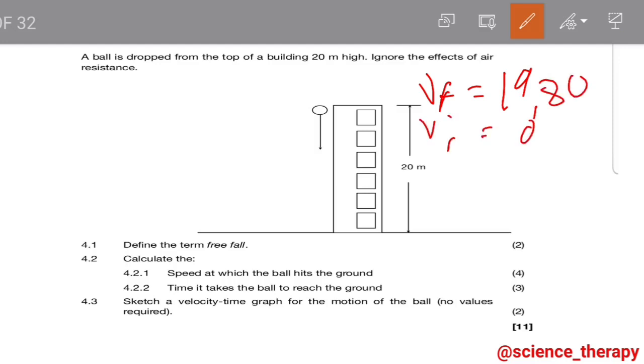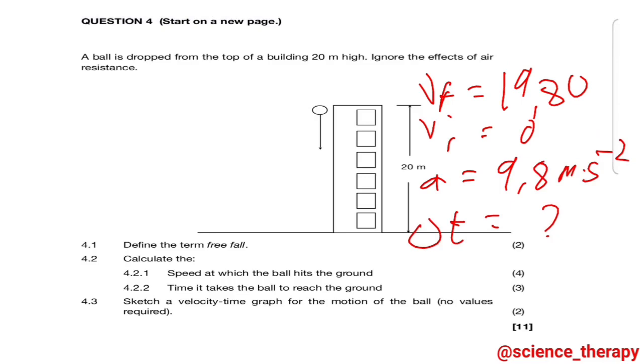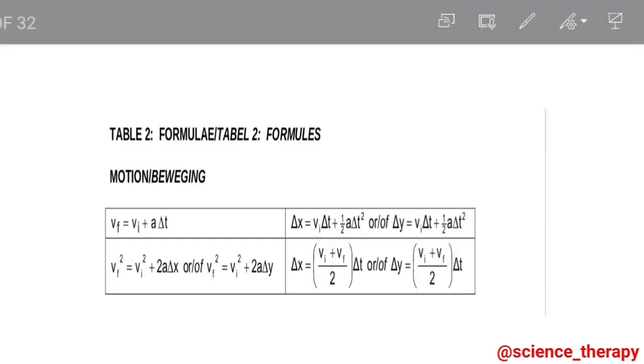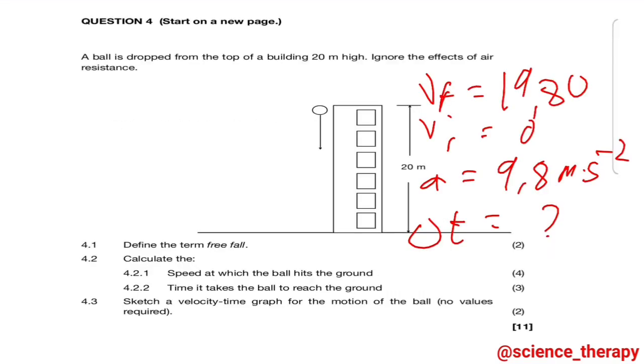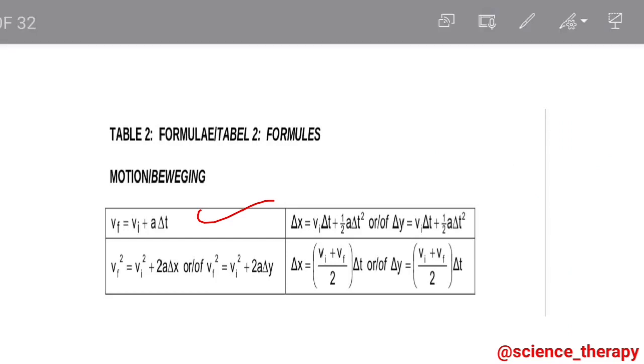Then our acceleration is 9.8 meters per second squared, and we are looking for change in t. Again, let's look at the formula that will compensate for that one. So it's Vf is equals to Vi plus a delta t. This one is perfect because we have Vf, we have Vi, we have a, and we are looking for delta t. So we can use the first formula there.